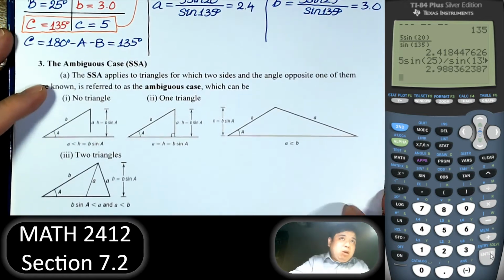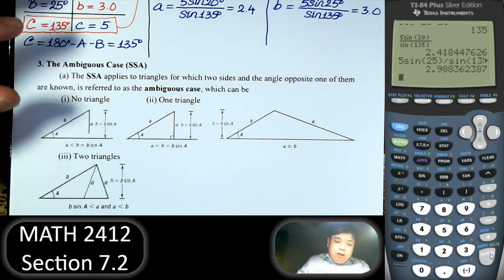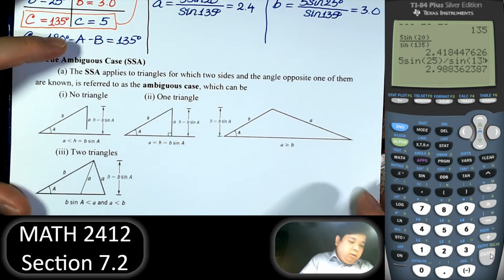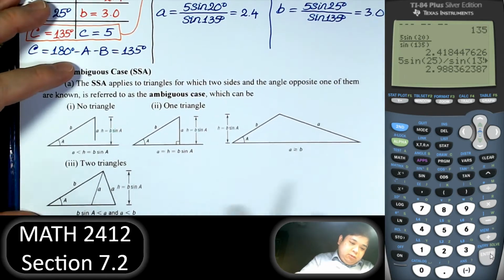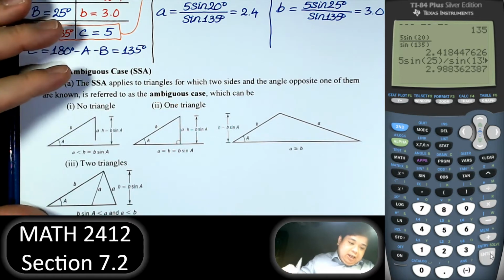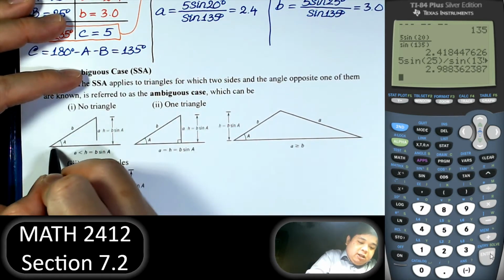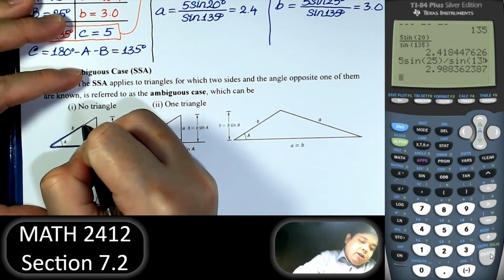Right. Now go to the side-side-angle, this special case. Right. With side-side-angle, we might have one solution, two solutions, or no solution. Right. So now, in this case, what we are given is a side, another side.